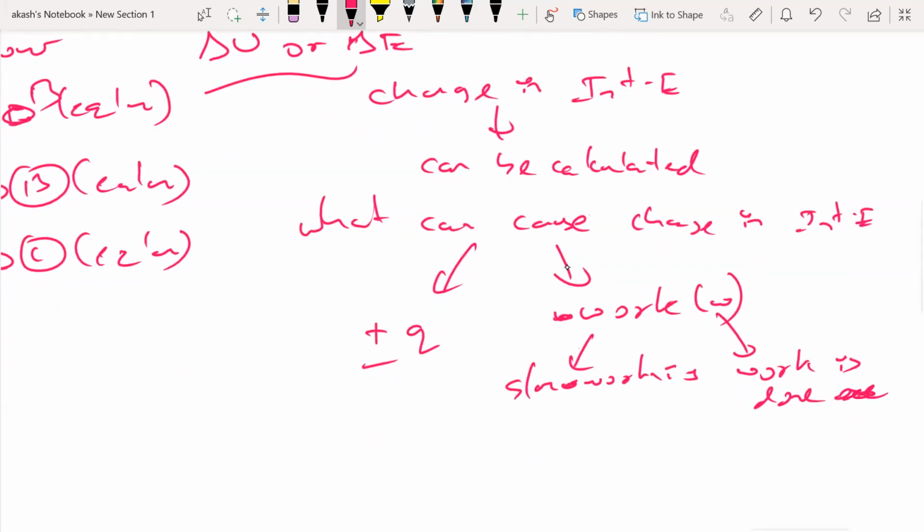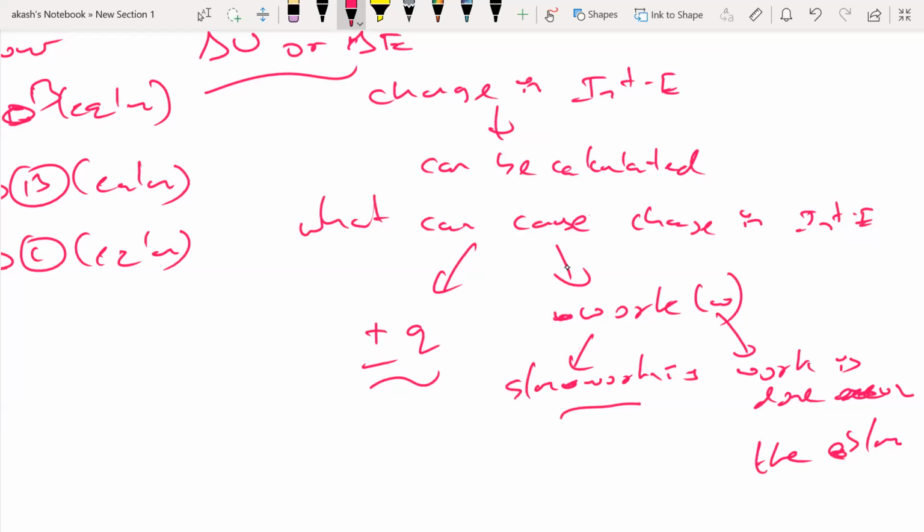We will speak more in detail about this later, about what we mean by work done by the system and work done on the system. But for now, what you have to understand is that if I supply heat or remove heat from the system, the internal energy will change. Or if the system does some work, or when we do some work on the system, again you will see that the internal energy will change. Two possibilities.